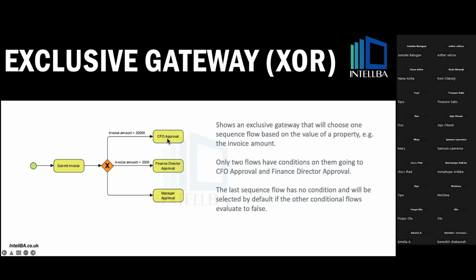But before I can do anything, I can write CFO approval process here, and then using the sub-process notation. But then I'll have to go and create that process somewhere else, so that when I click that plus button, it takes me directly into that CFO approval process.